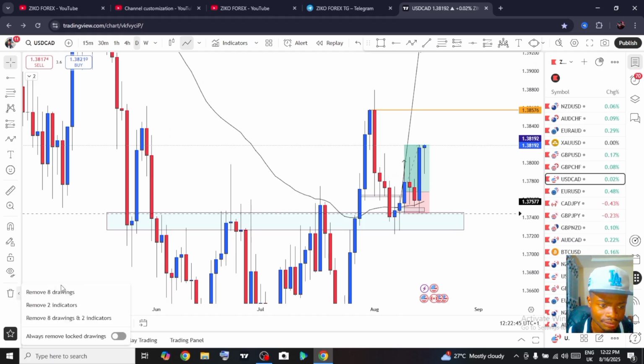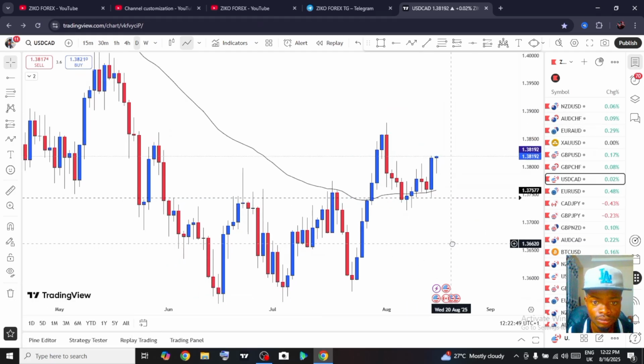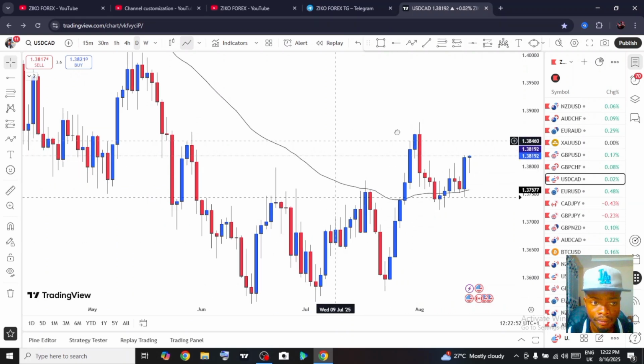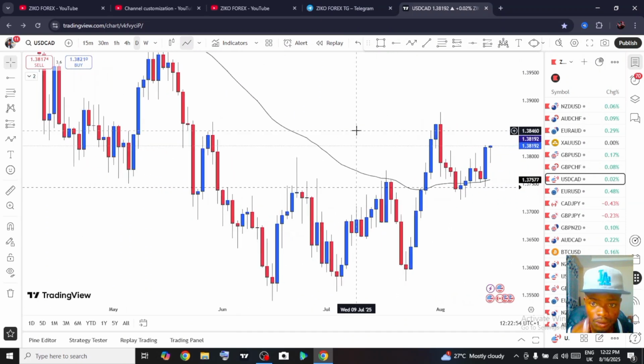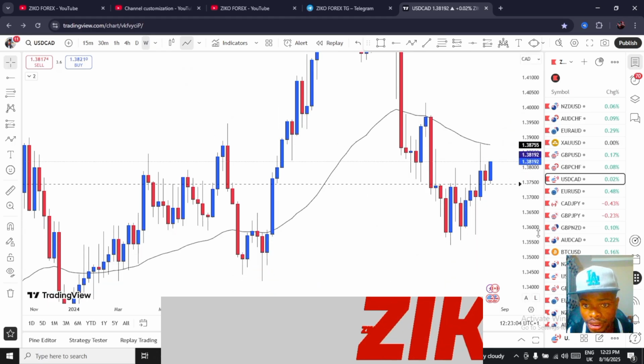Let's delete everything. Let's see weekly time frame. Weekly engulfing candle.